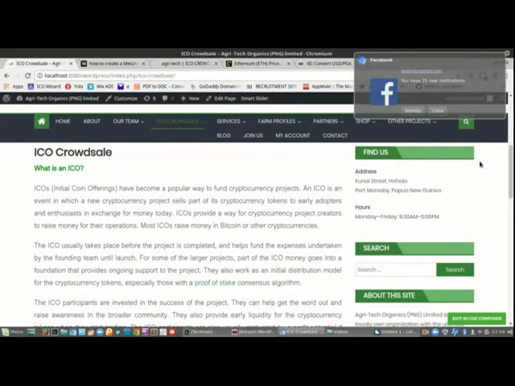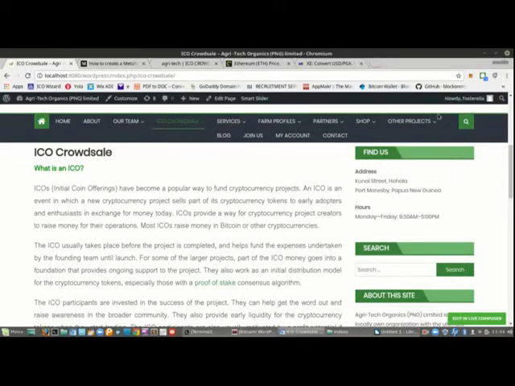What the directors have opted to do with regard to our ICO Crowdsale is to offer shares to the general public. Now you may be asking, how many shares are on offer?